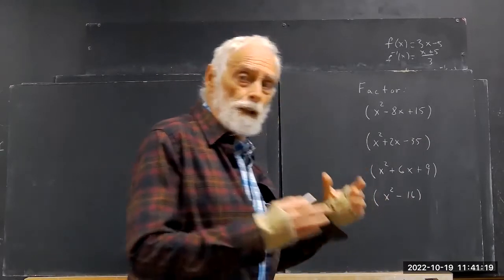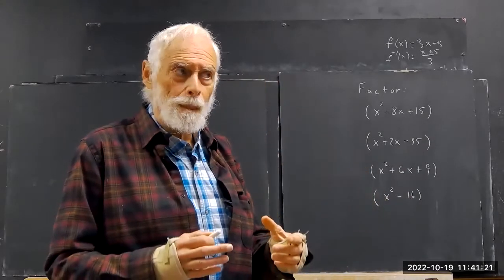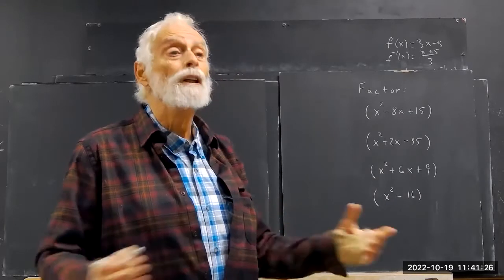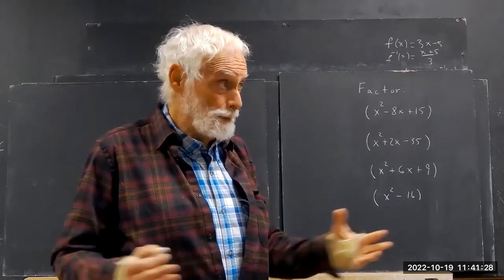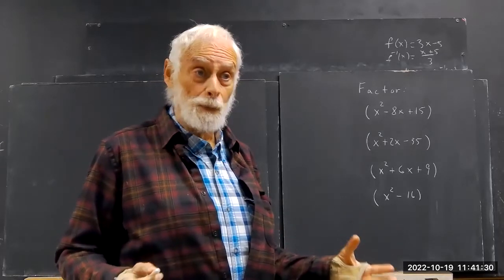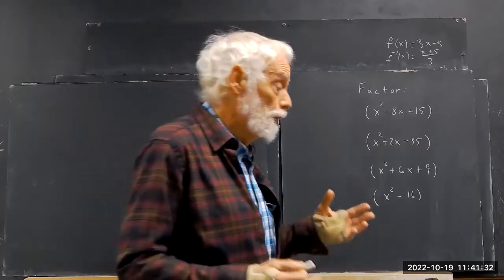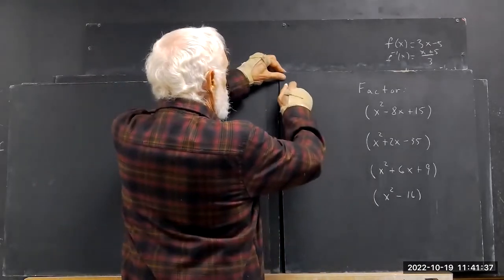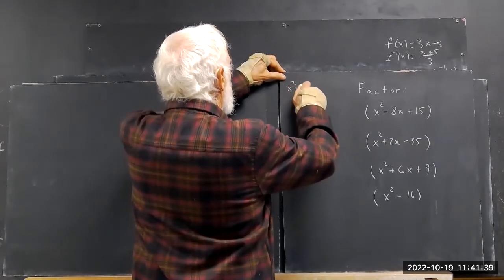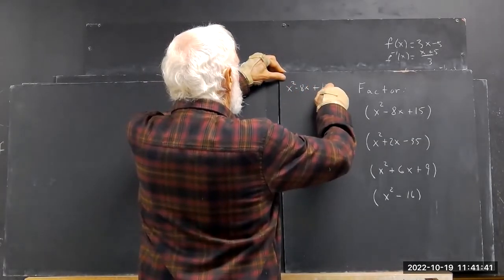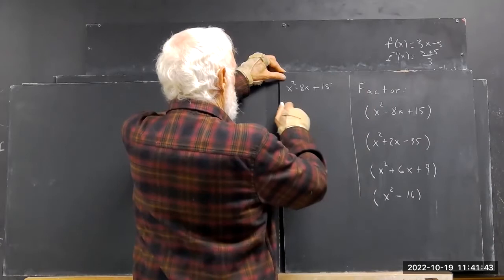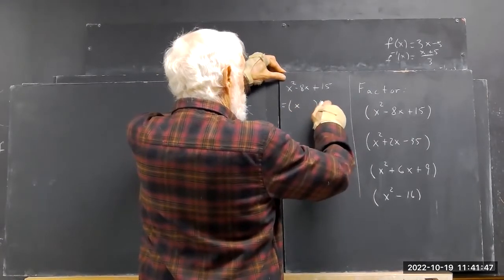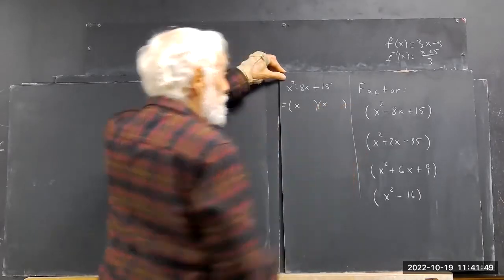So you really got to stick with the principles, which is the distributive law. I think we've been emphasizing that a lot in the last week. You really have to understand the distributive law. So let's take this x squared minus 8x plus 15, and we want that to equal x plus or minus something times x plus or minus something.